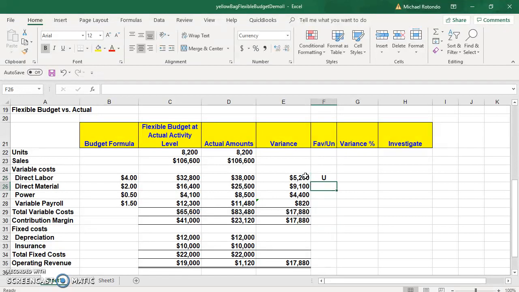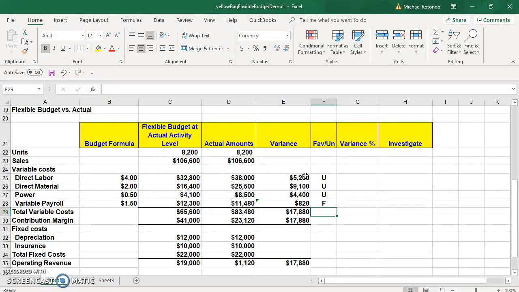Our direct material is also unfavorable, as the budgeted amount is much lower than the actual amount. And we have the same issue with the power. Now with the variable payroll, our actual amount actually came in under the budgeted amount, so that's a favorable variance.